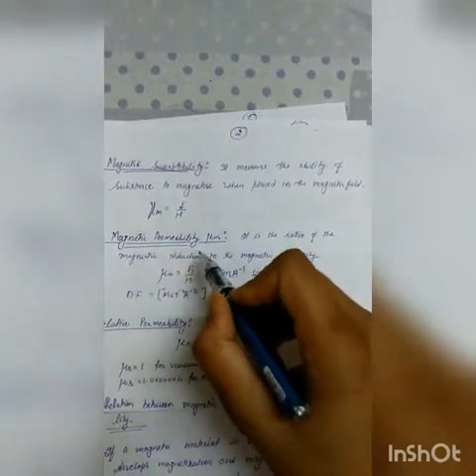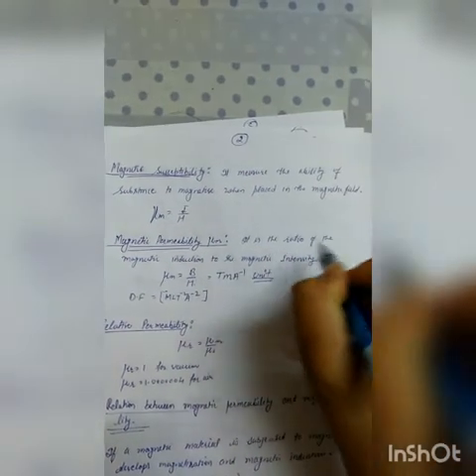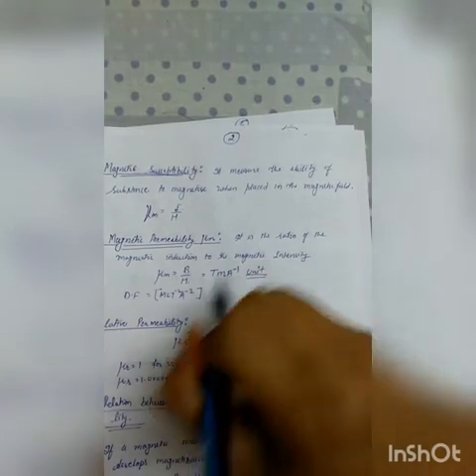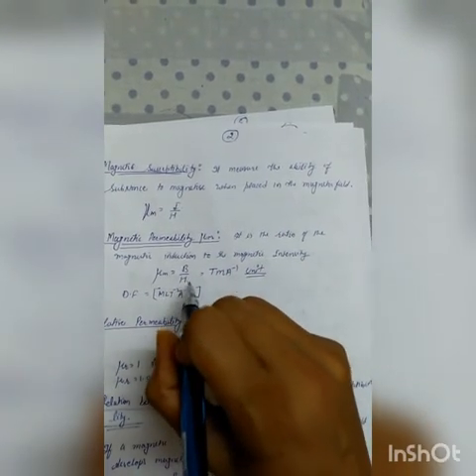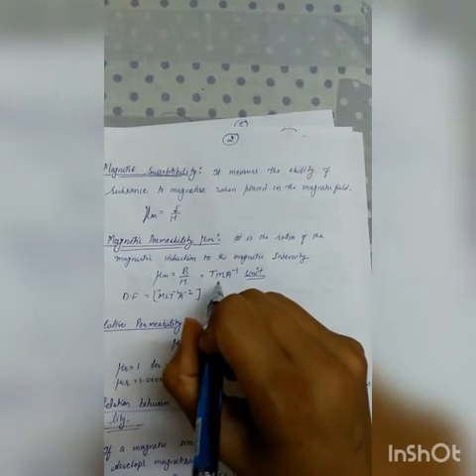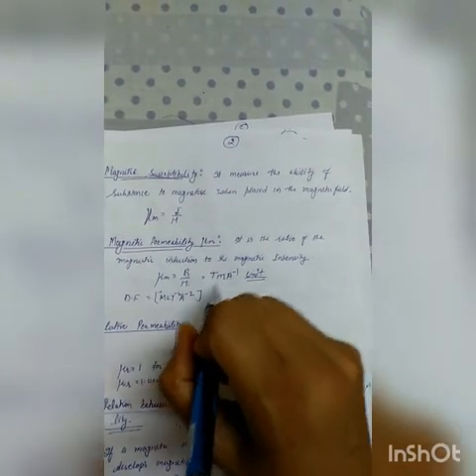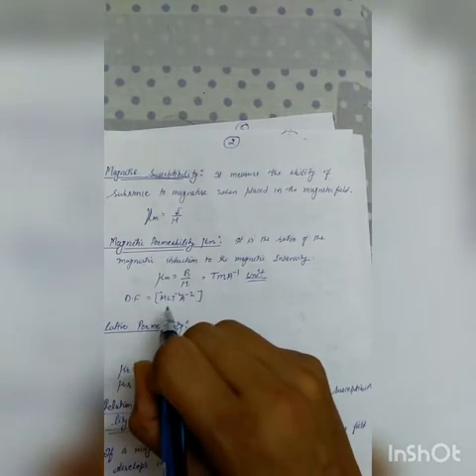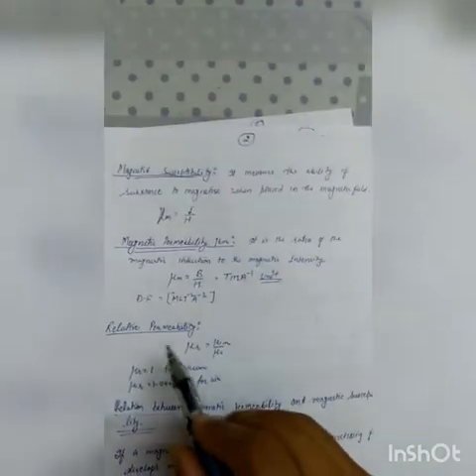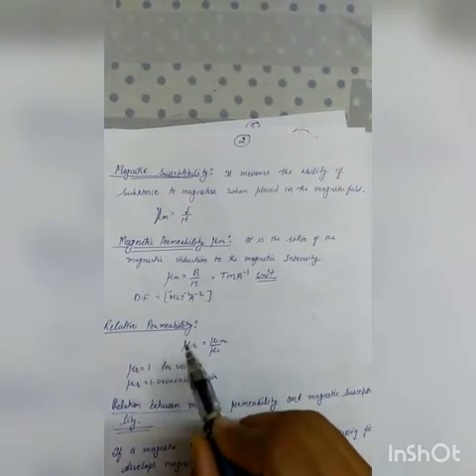Magnetic permeability. It is the ratio of the magnetic induction to the magnetic intensity, which is B upon H. Its unit is Tesla meter per ampere. Dimension formula is M L T-2 A-2.